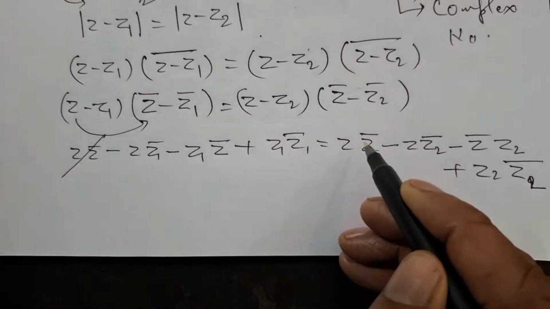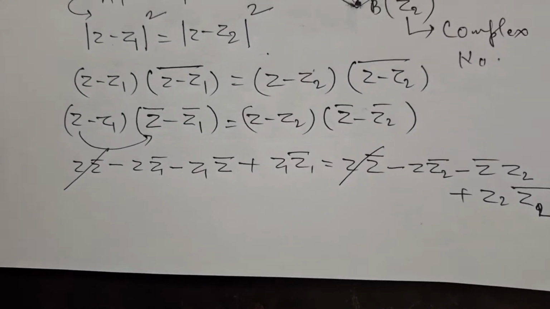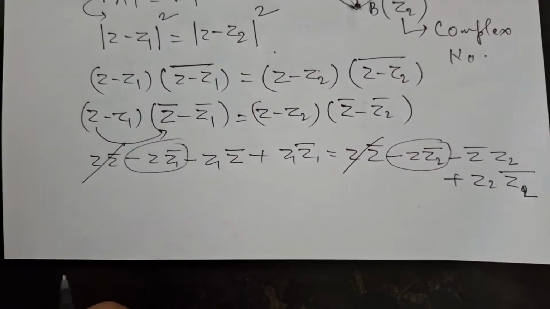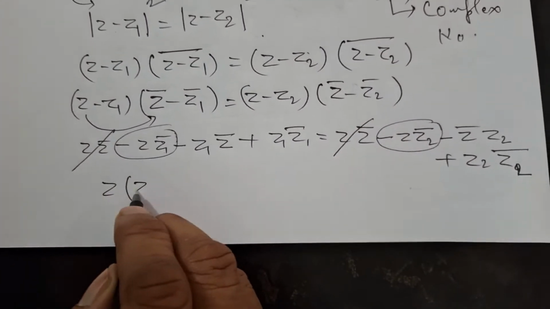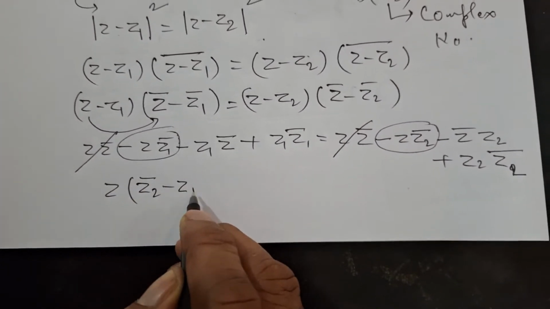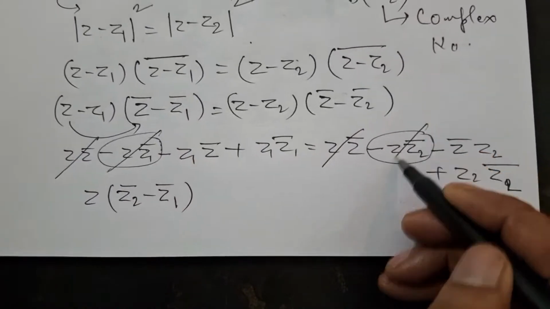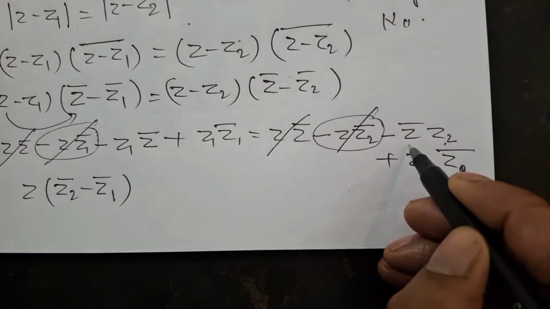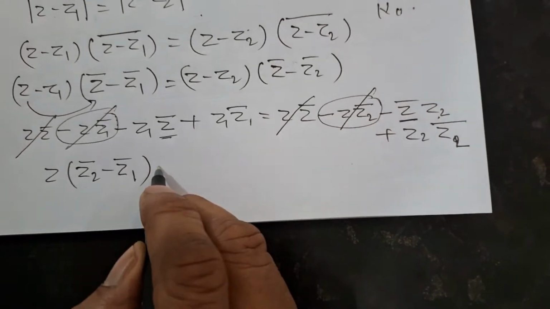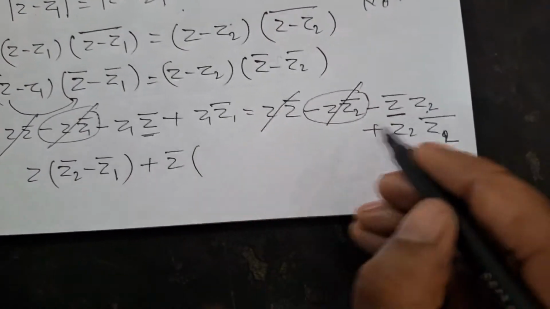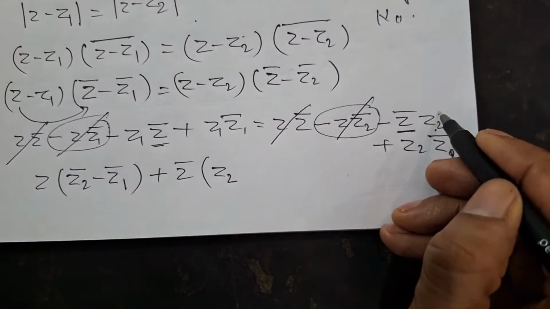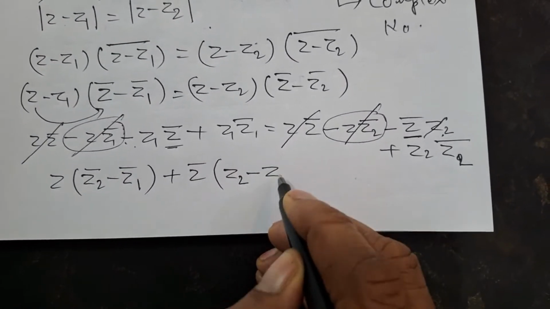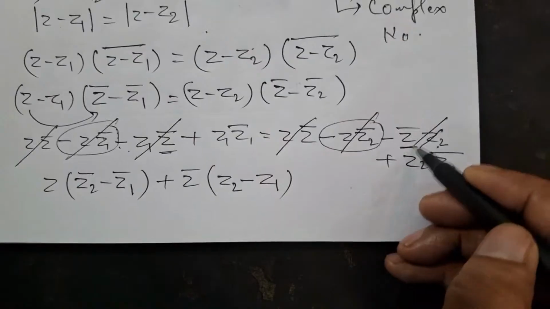So here it cancels, and here one z is left. This is z and here is z. So z means you will get this value. These two together. Now here is z2 and here is z bar, here is z bar. So keep z bar together. So you will get z2 and here minus z1. These two are also completed.